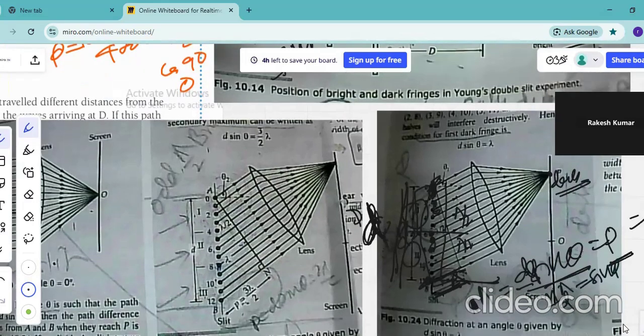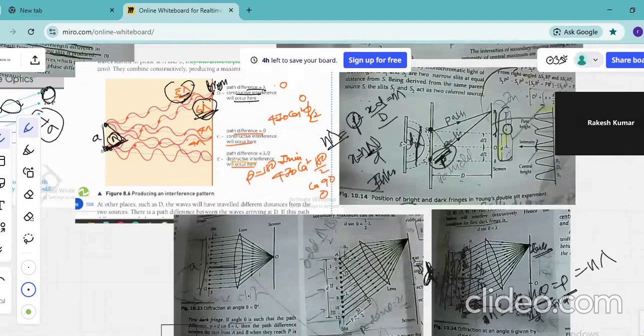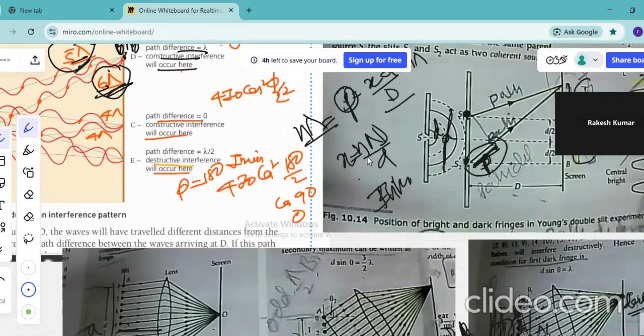At these points you will get darkness. Here it's slightly different. At this x, when it becomes n lambda D by d, you get brightness. So if d is the distance between the 2 points, and you have a slit of this length, in diffraction you will get darkness, here you will get brightness.